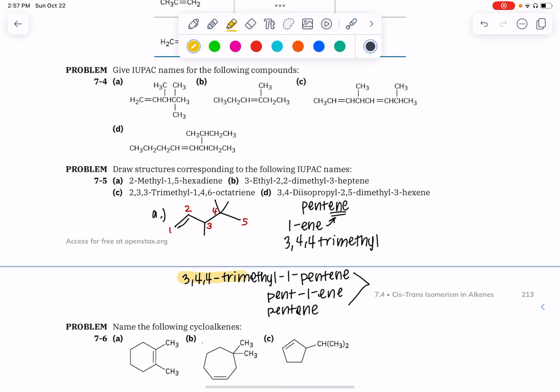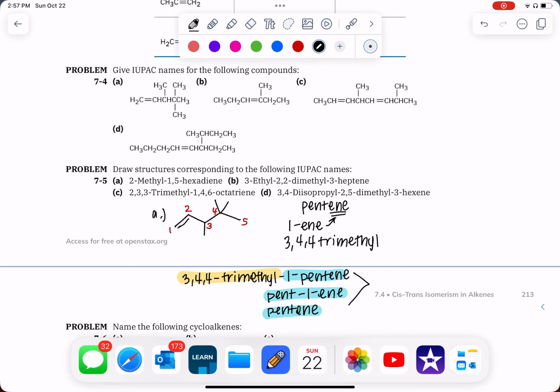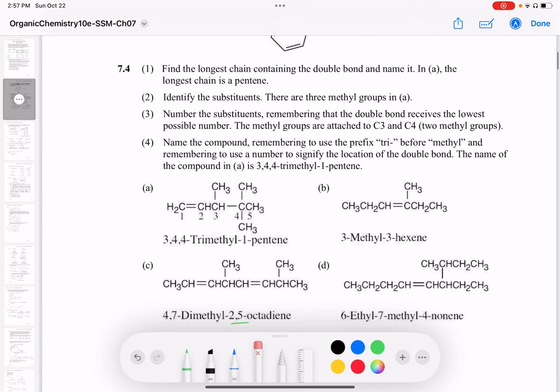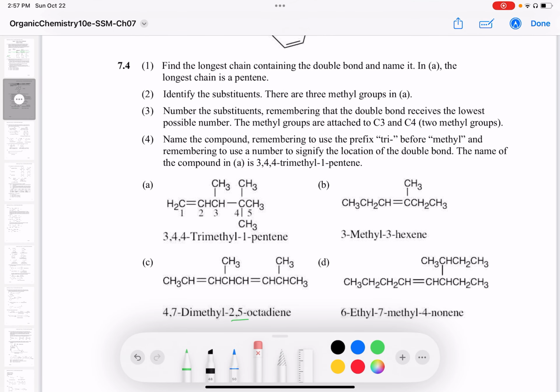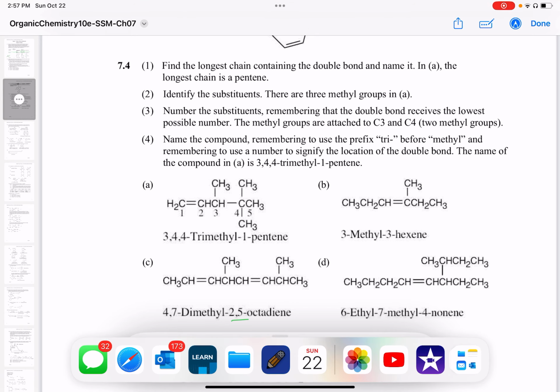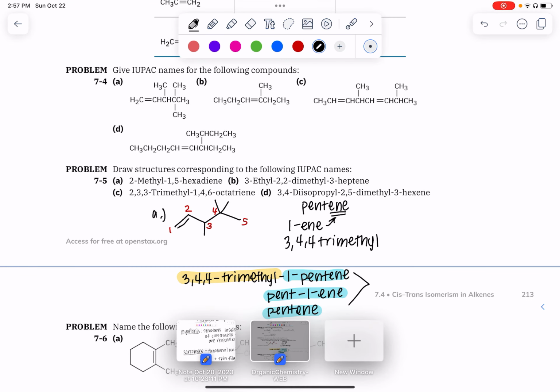The trimethyl will be the same. The 1-pentene, pent-1-ene, and pentene are 3 different ways to say the same thing. And I'm going to check it just to double check my work here. They go trimethyl, they do 1 pentene. But like I said, you can name it a couple different ways. They're all correct.